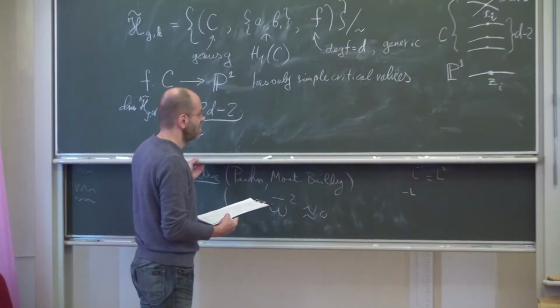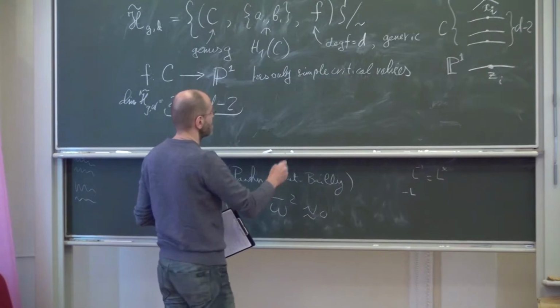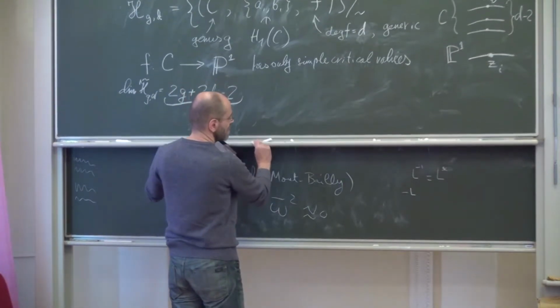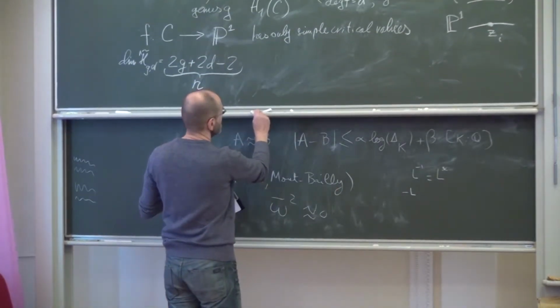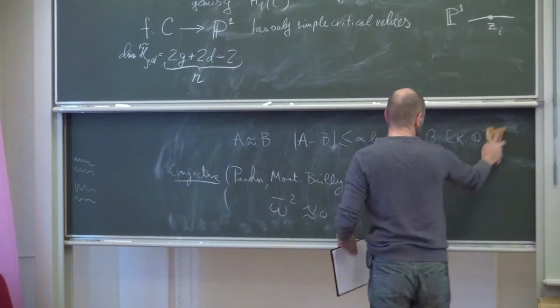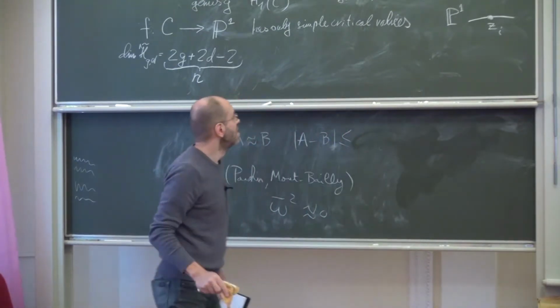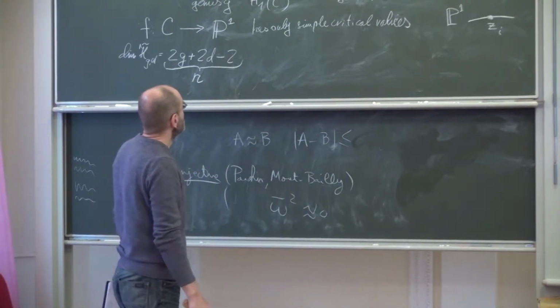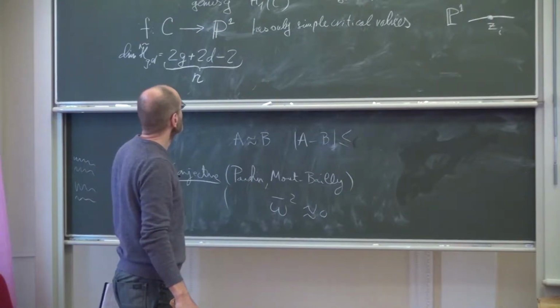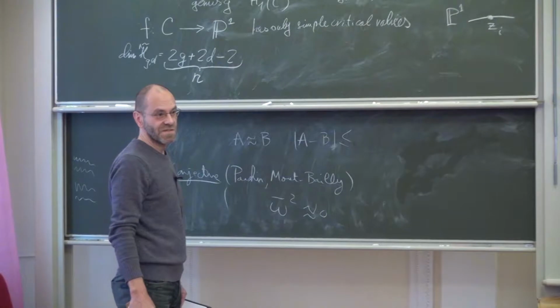And one more important remark, let me write it on this blackboard. These are the elements of a canonical symplectic basis in the first homology of C: A cycles and B cycles.